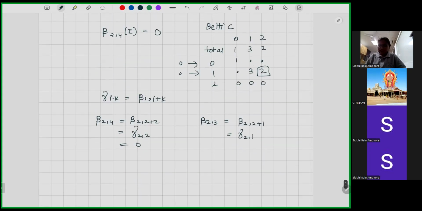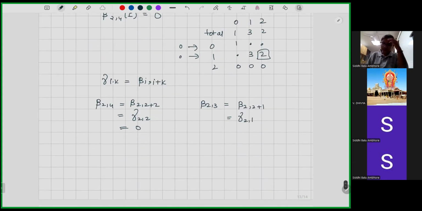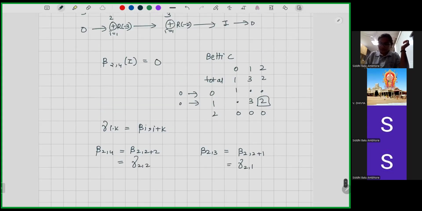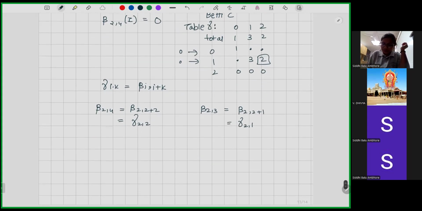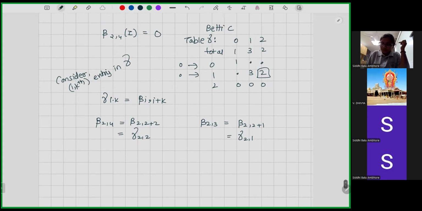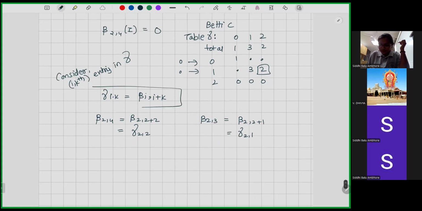So this Betti table has this gamma value, meaning I'm considering this table to be gamma. Okay. And if I consider the ith entry in gamma, then this entry here actually expresses this Betti number of i comma i plus k.